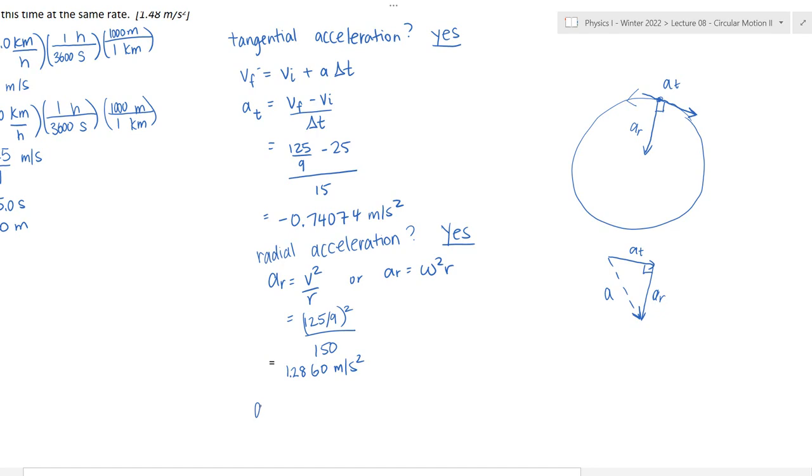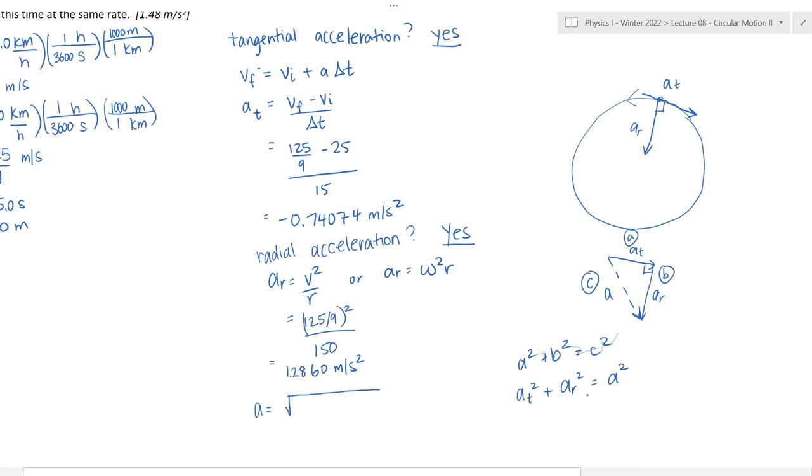So to solve for A, you can really just use Pythagorean theorem. So I'll do it on the side. A squared plus B squared equals C squared. Your hypotenuse has to be your C, and your other two sides can be A and B. It doesn't matter which one's which. So my A is my AT, my B is my AR, and my C is my A. This is what I'm solving for.